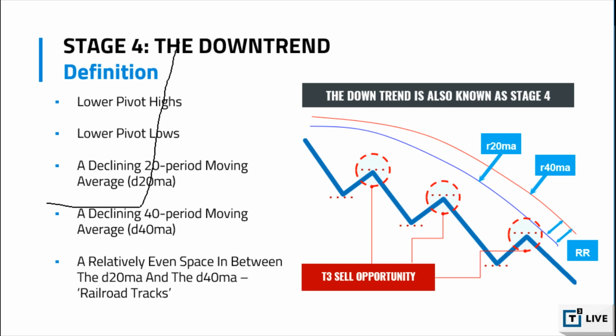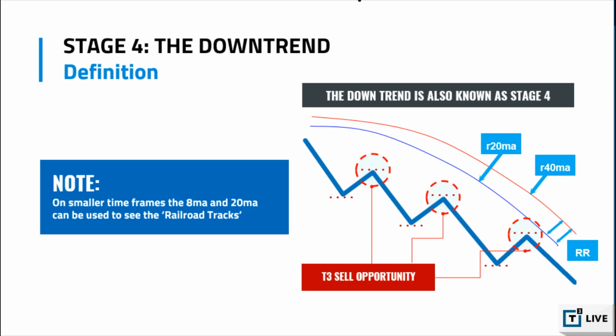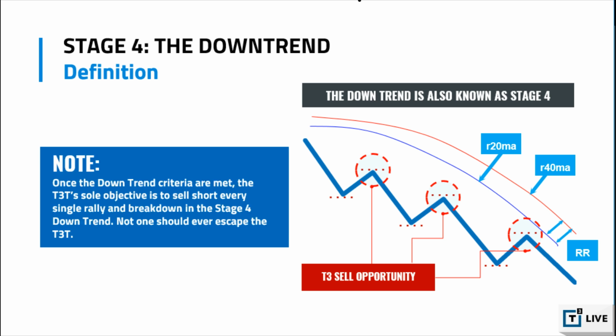Because we have that basic unit which has 4 stages, and the downtrend side of that basic unit is called stage 4. On smaller time frames, as we said, the 8 and the 20 can be used to see the railroad tracks.